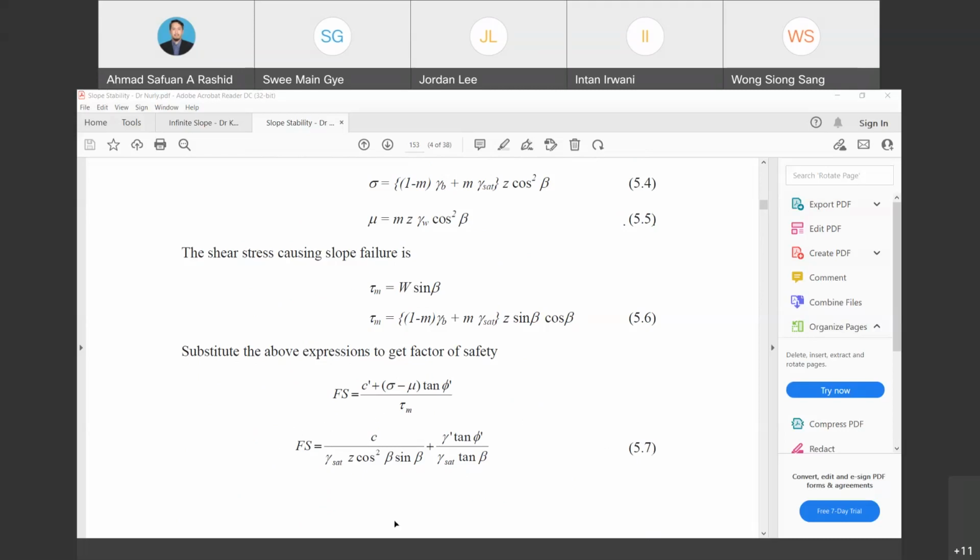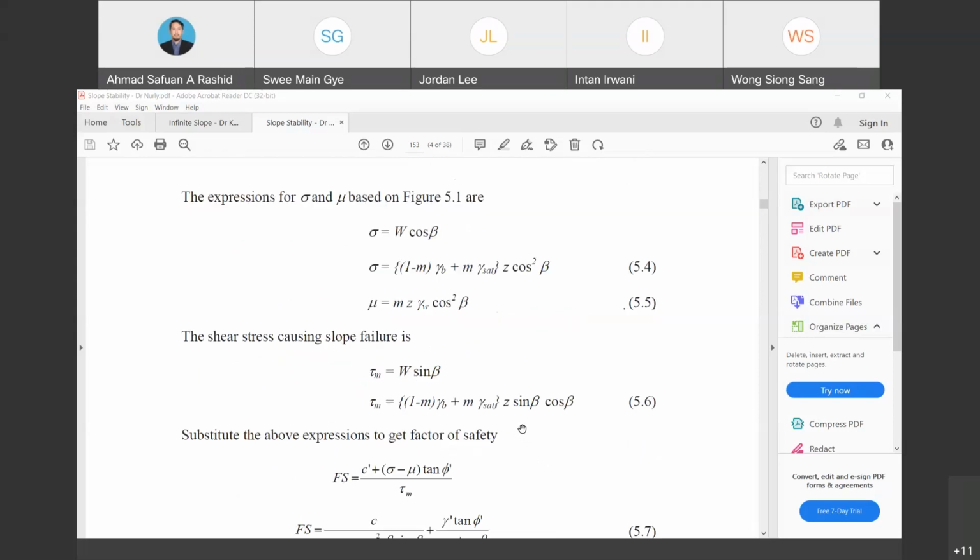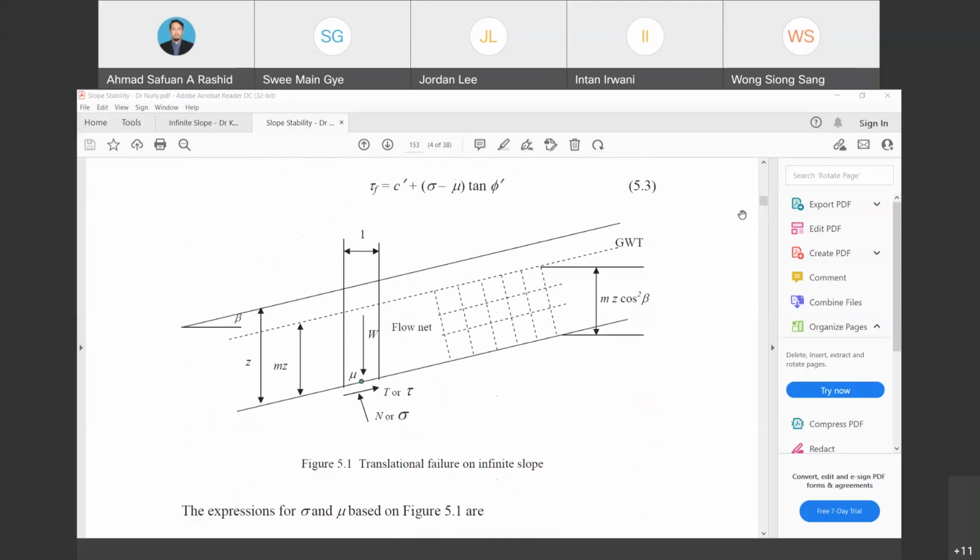However, this 5.7 is only capable of being used to solve the problem if the groundwater or the seepage is at the ground surface.